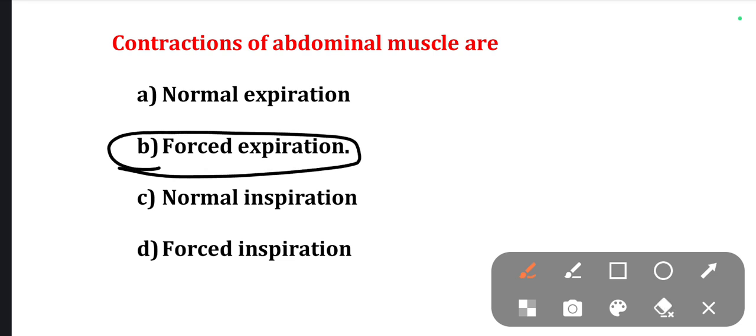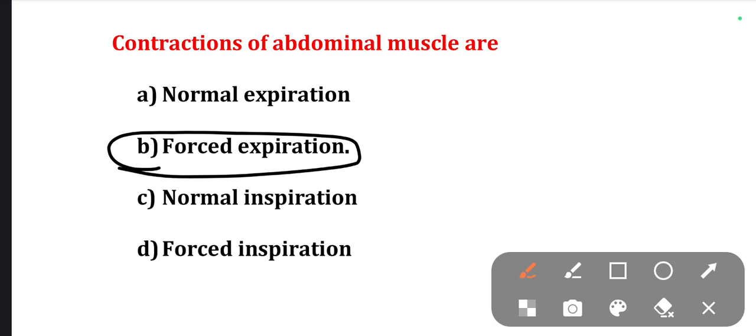So forced expiration is produced by the abdominal muscles present in our body. Those muscles are responsible for expelling air forcefully.